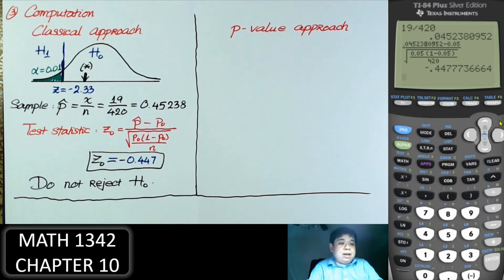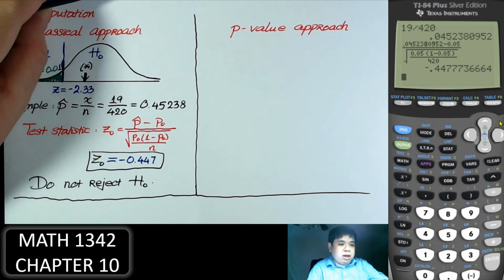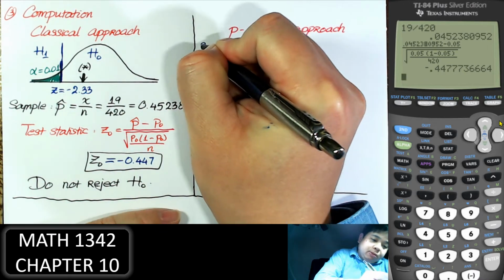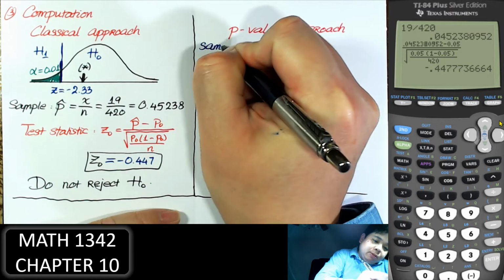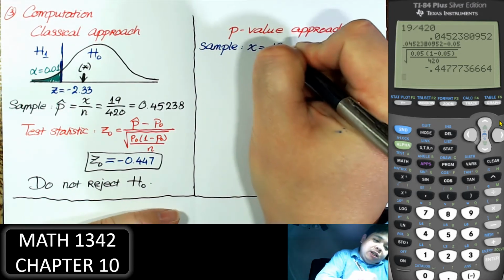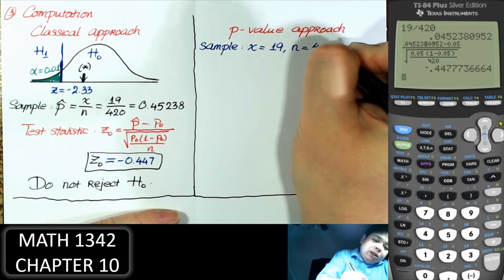Right, in the p-values approach, we keep the alpha, and we just use the sample and do the math. For the sample, x equals 19, n is 420.